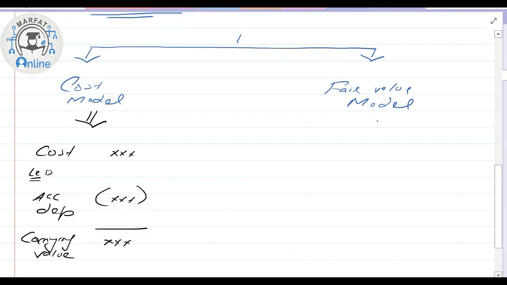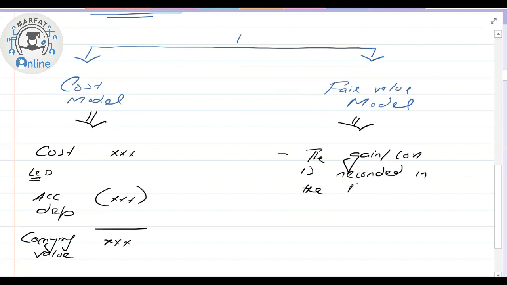Then you have the fair value model. It is different from the one in IAS-16, in two ways. The first thing, the gain or loss is recorded in the profit or loss.